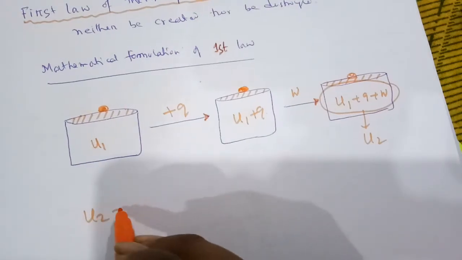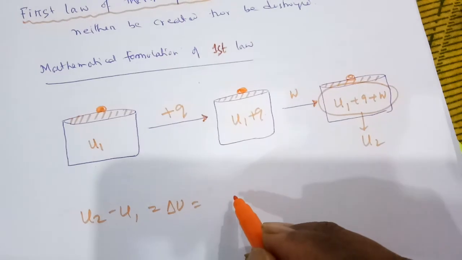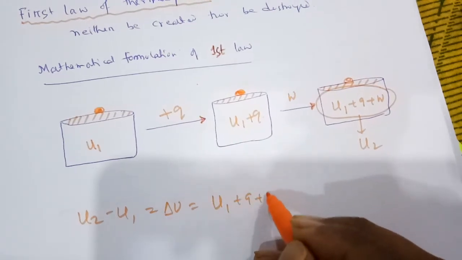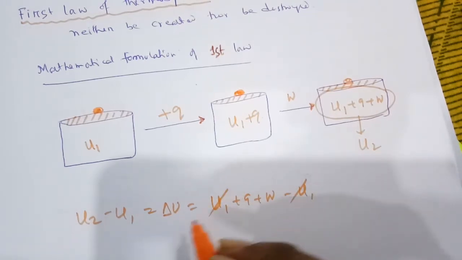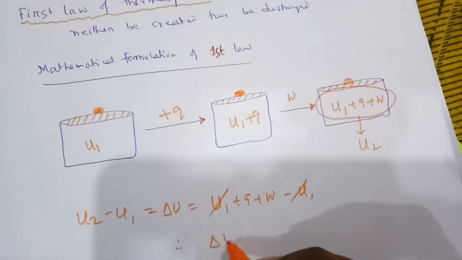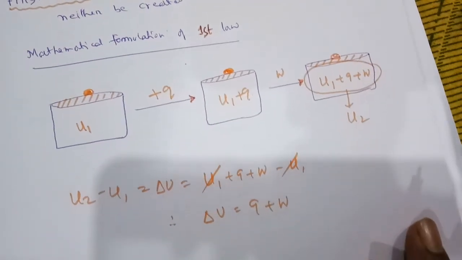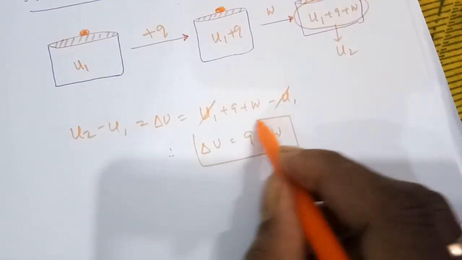Now U2 minus U1, which is del U, will be equal to U1 plus Q plus W minus U1. U1 goes. Therefore del U equals Q plus W. This is the formulation for the first law of thermodynamics.